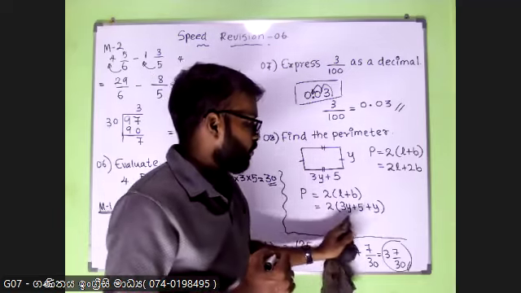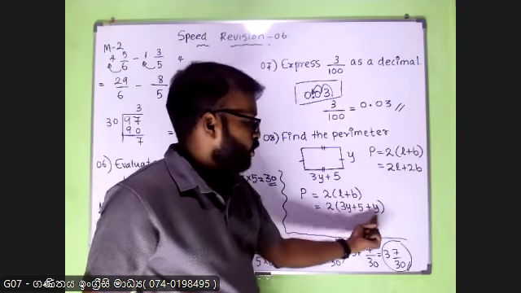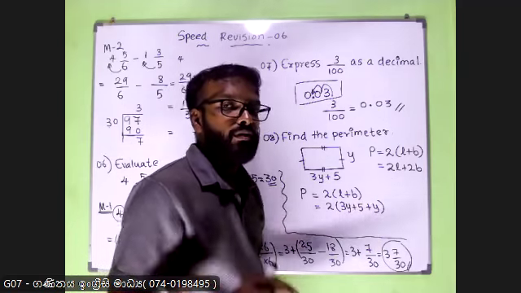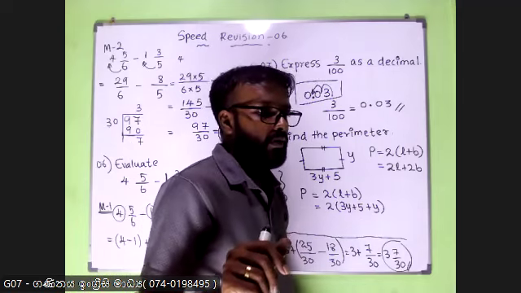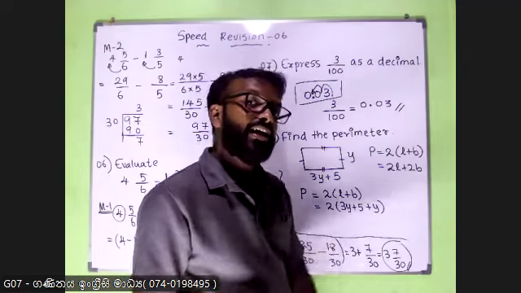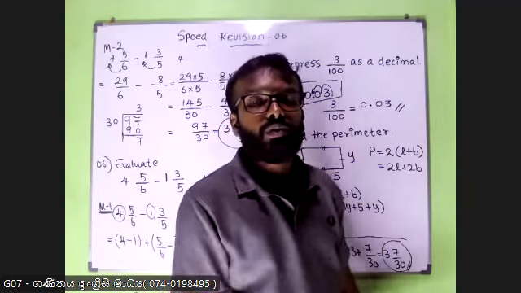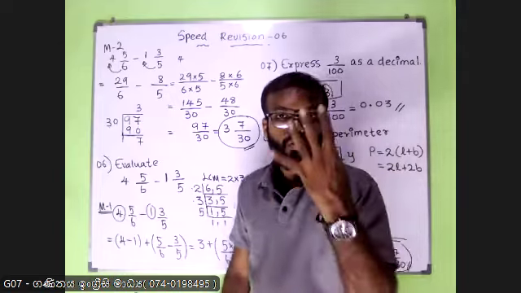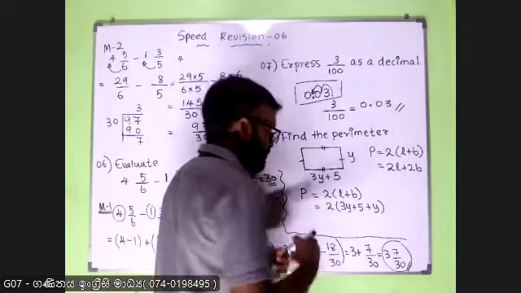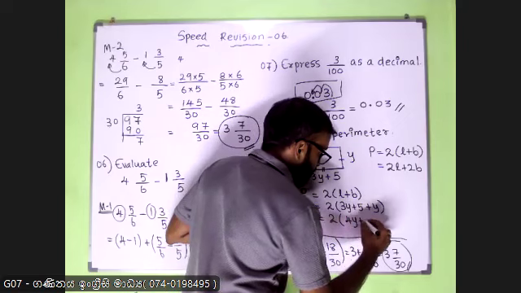Now you have to simplify like terms. 3y plus 1y: if I give you 3 and again I give you 1, how many do you have altogether? 4. So 3y plus y means 4y. So equal mark 2 times (4y plus 5).